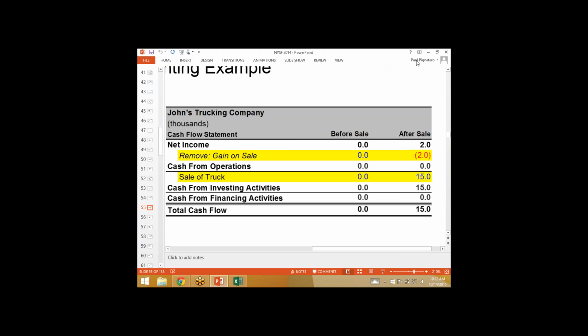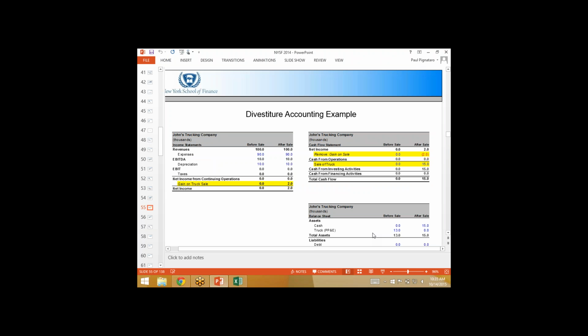Let's look at it on the board, and then we'll model it. So let's assume that we're going to do a sale of an asset in Walmart. How do we model that? So what I first want to do is undo the purchase.